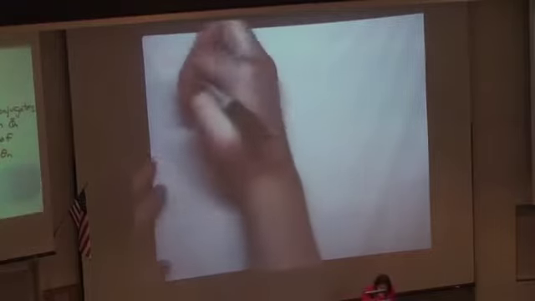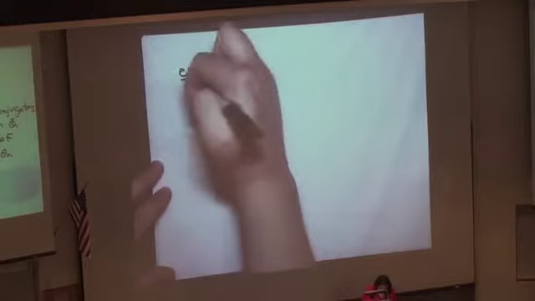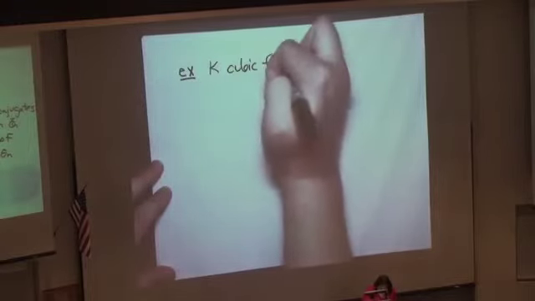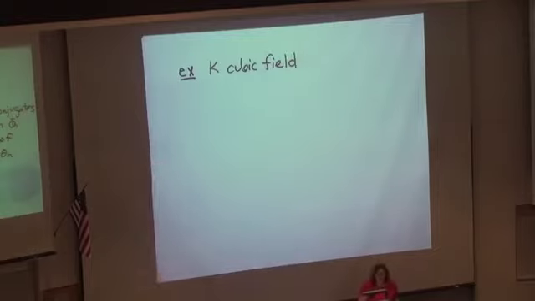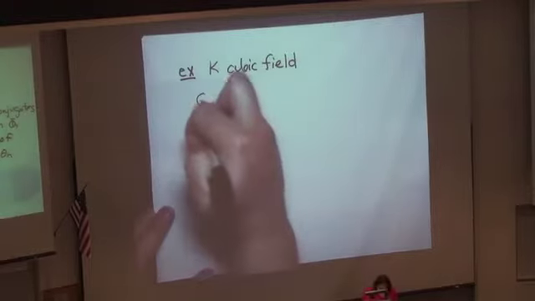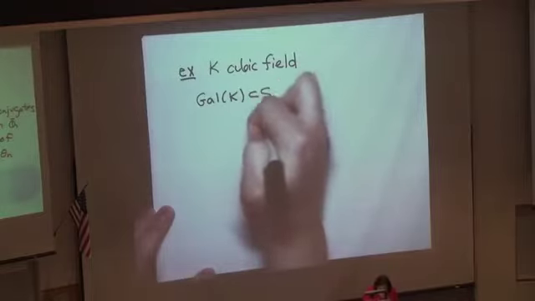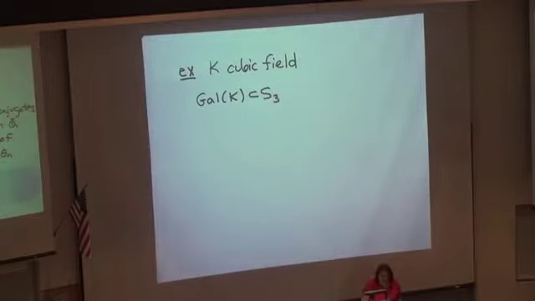Okay, so now that's just a notion of Galois groups. So for example, here's an example we'll see. If K is a cubic field, then its Galois group is a subgroup of S3. It has an action on 3 things.